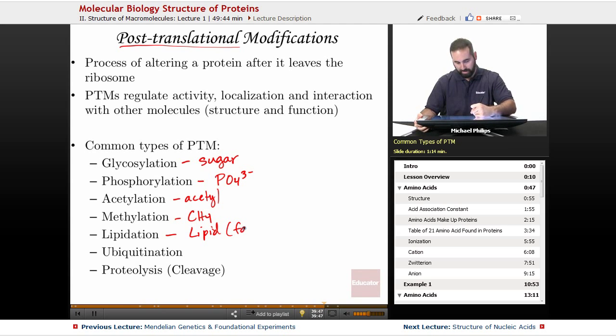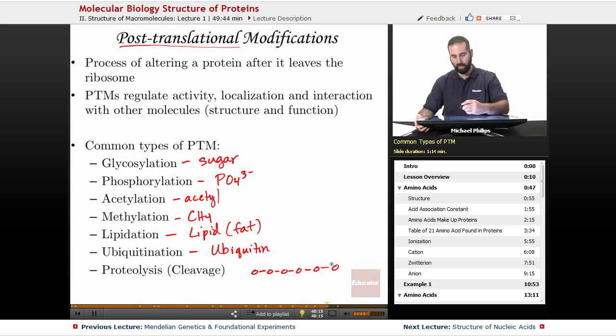Maybe we know that better as a type of fat. Okay. Ubiquitination is the addition of a small protein called ubiquitin. And then proteolysis is just cutting the protein. So maybe you have the protein amino acids, okay, and you cut off the first 5. Right? That's a way.